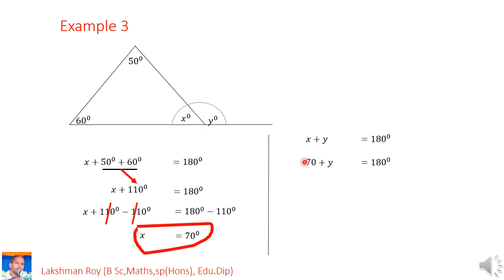Positive 70 means you have to subtract 70 from both sides, right? Then the right side also 70. Then this 70 and this negative 70 cut out, 0. This positive y remains. 180 minus 70 means that is 110. So we found x and y, right?